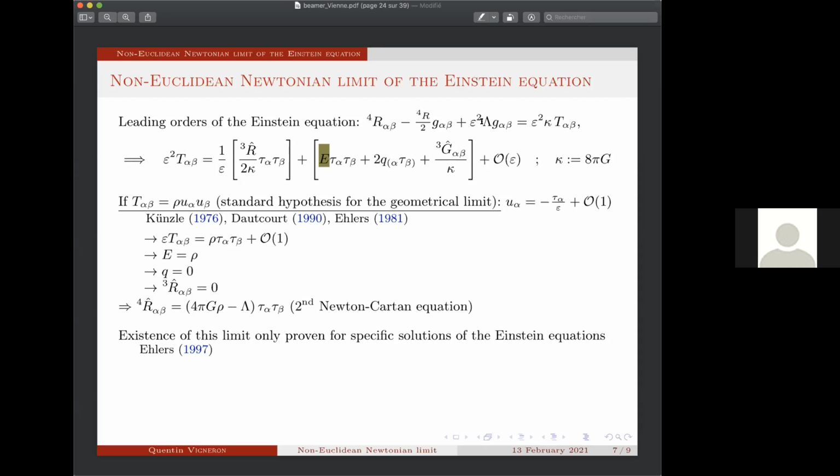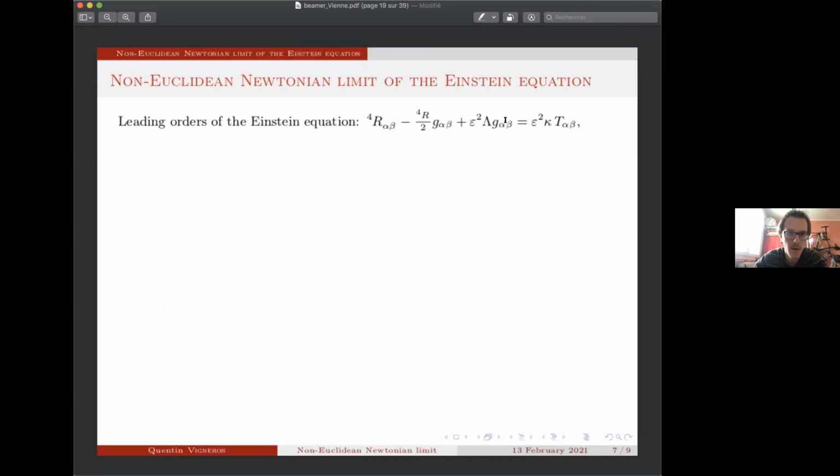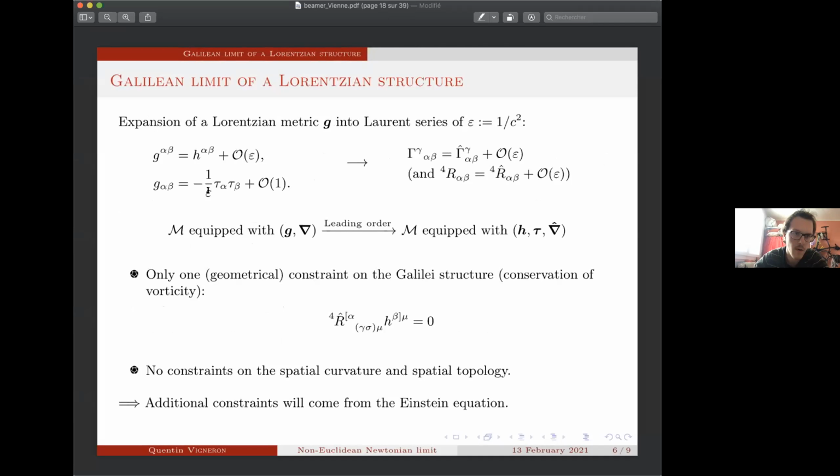I don't know the relation to Newton-Cartan theory. Here, epsilon square times lambda is not a constant in the limit, because the limit of the covariant components of the spacetime metric is of order minus one in epsilon, and so this epsilon cancels with the epsilon which is here in the metric.